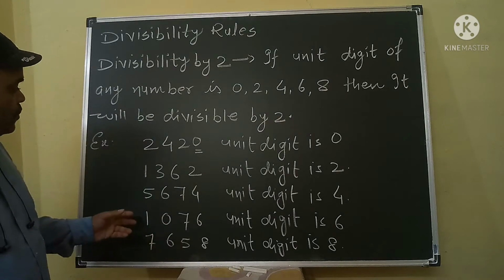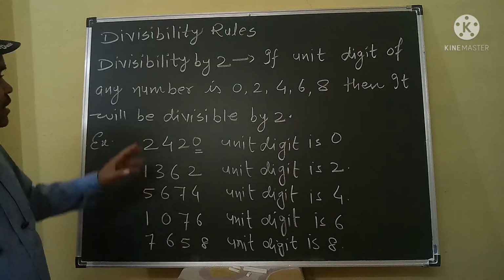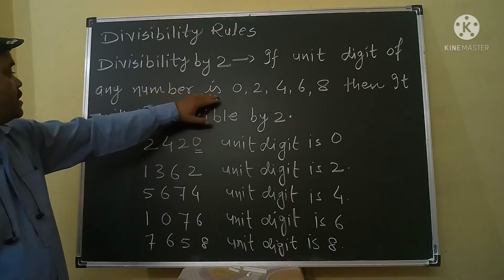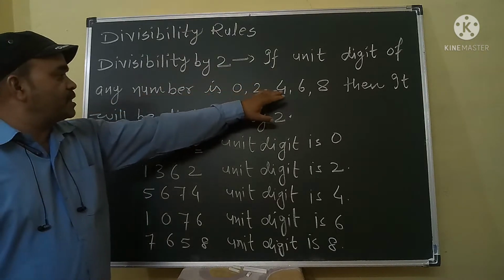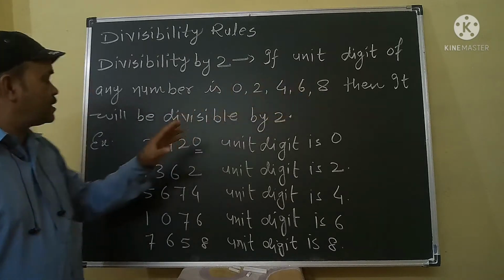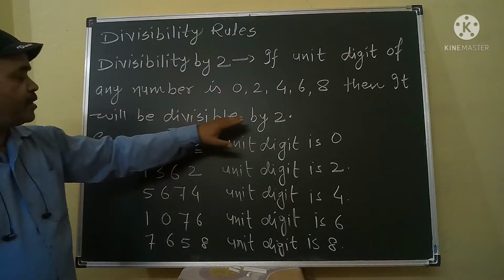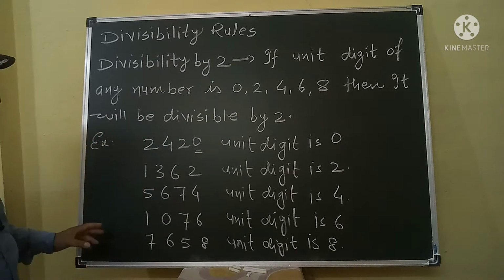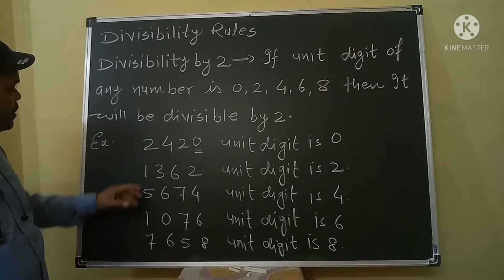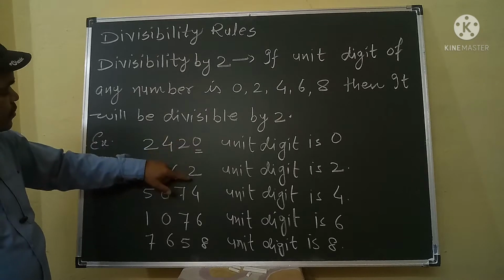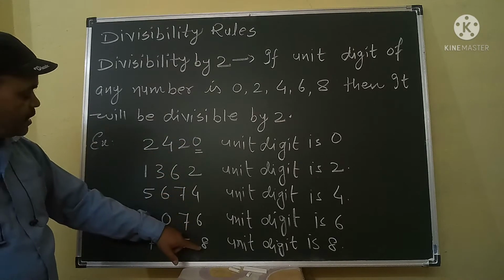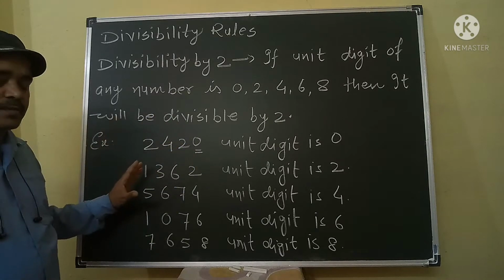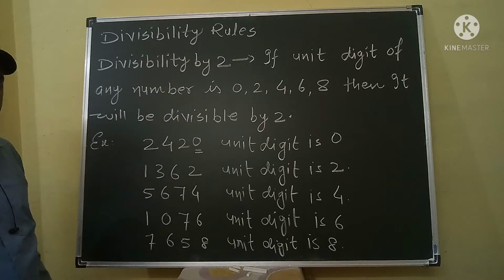So, what is the statement? If the unit digit of any number is 0, 2, 4, 6, 8, then it will be divisible by 2. In all these examples, the unit digits are 0, 2, 4, 6, 8. That means all these numbers are divisible by 2.